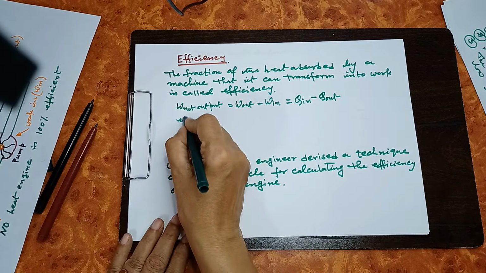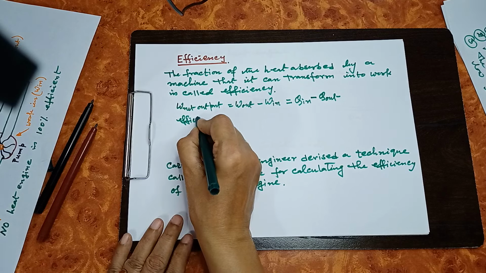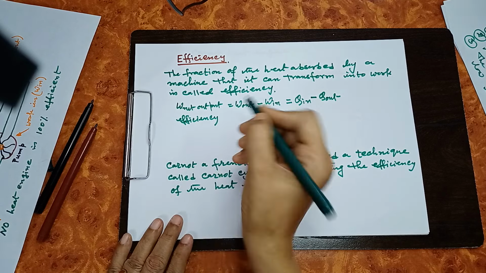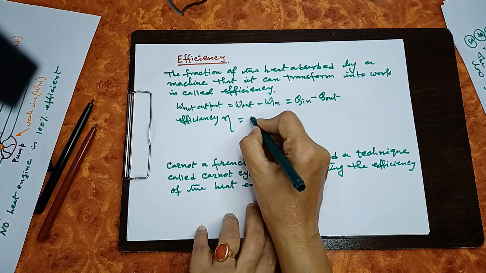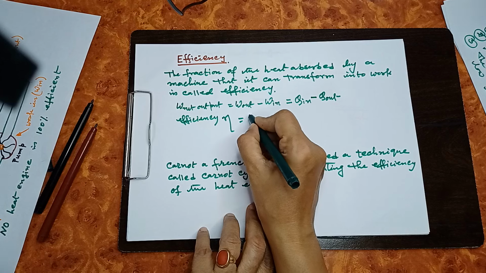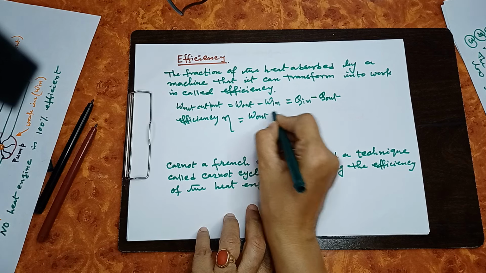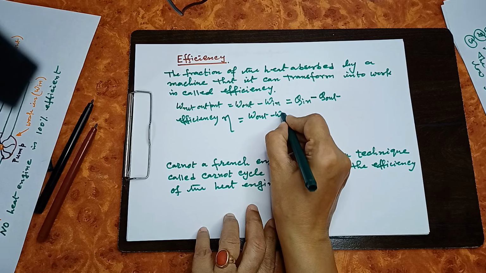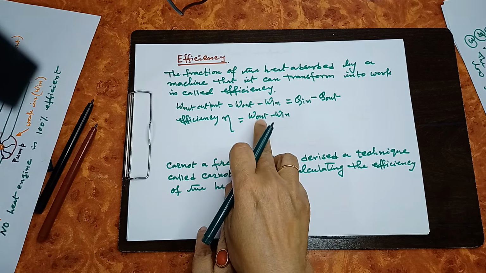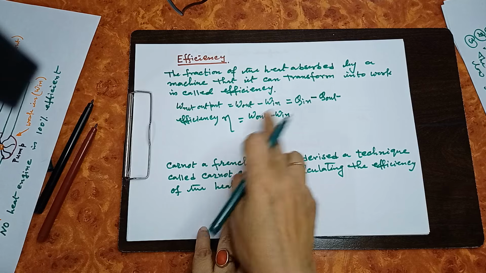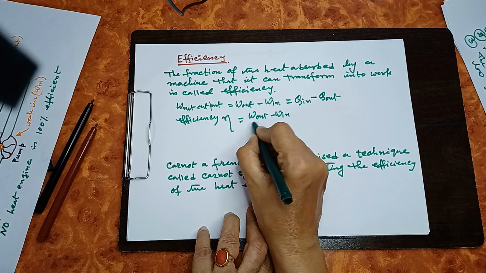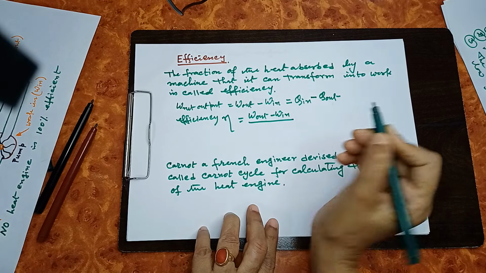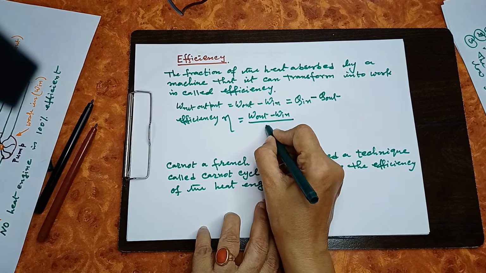Then your efficiency, which is denoted by eta, will be equal to W out minus W in, work produced by the engine minus work done on the working substance of the engine, divided by the total heat absorbed, that is Q in.